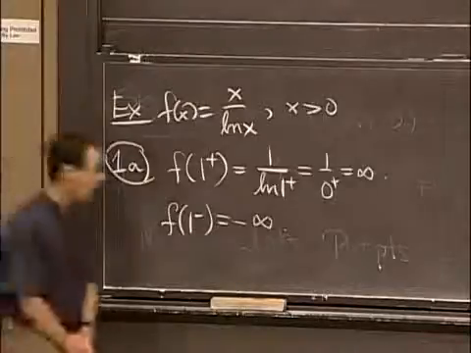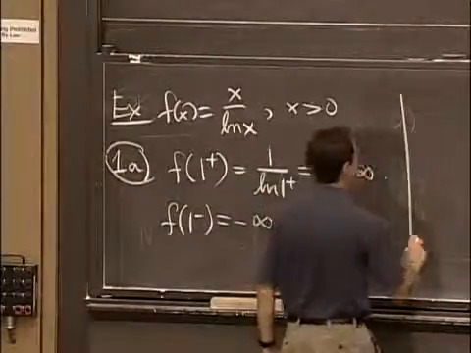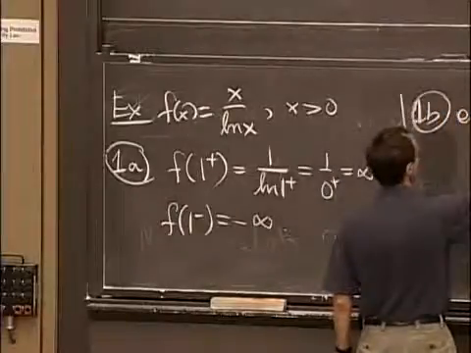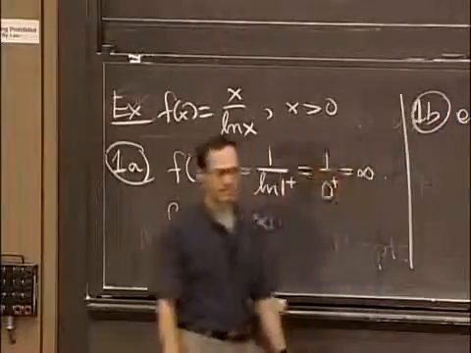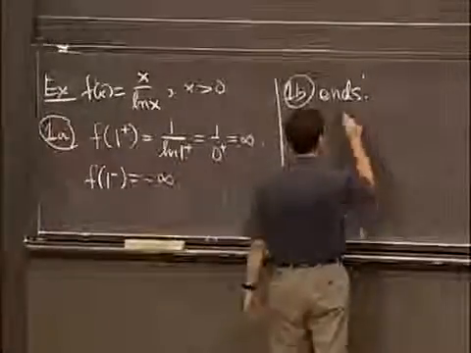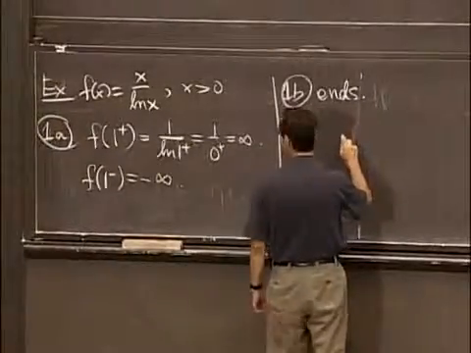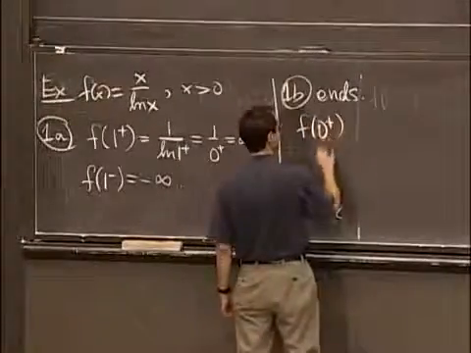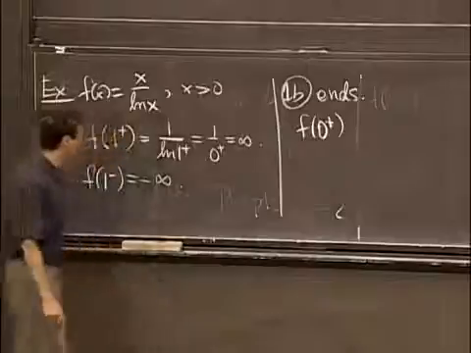All right? Now, the next thing I want to do is the ends. So I called these the ends, and there are two of them. One of them is f of 0 from the right, f of 0 plus.